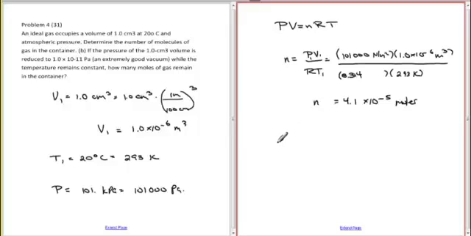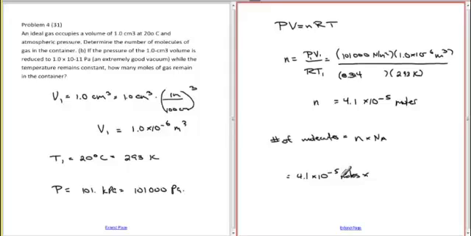Okay, then we have that the number of molecules just equals the number of moles times Avogadro's number. So where's Avogadro's number? If you don't remember it from chemistry, which I don't, because I don't use it that often, I'm just going to look in the back of the book.